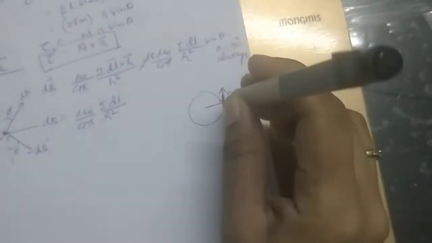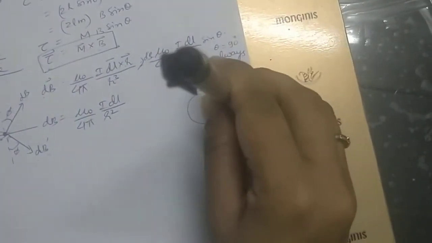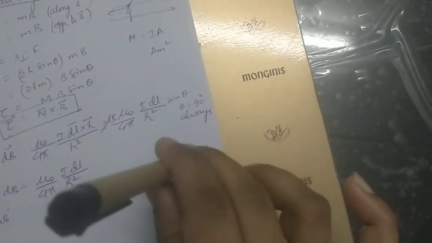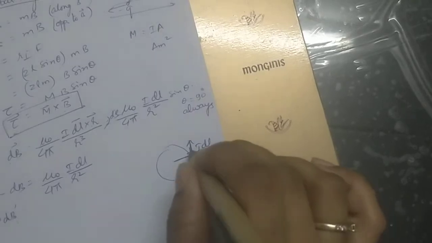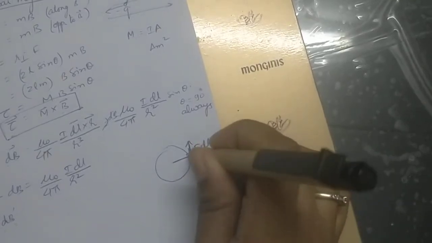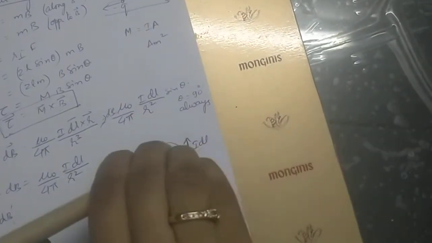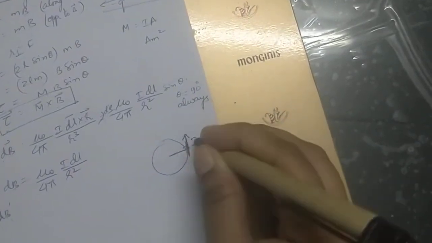So if I join to this point, it will be a little tilted this side. But you see from the top, even if it is a little tilted this side, this is perpendicular to this tangential line. Anywhere it is tilted like this, from here to here, it is perpendicular to this line.